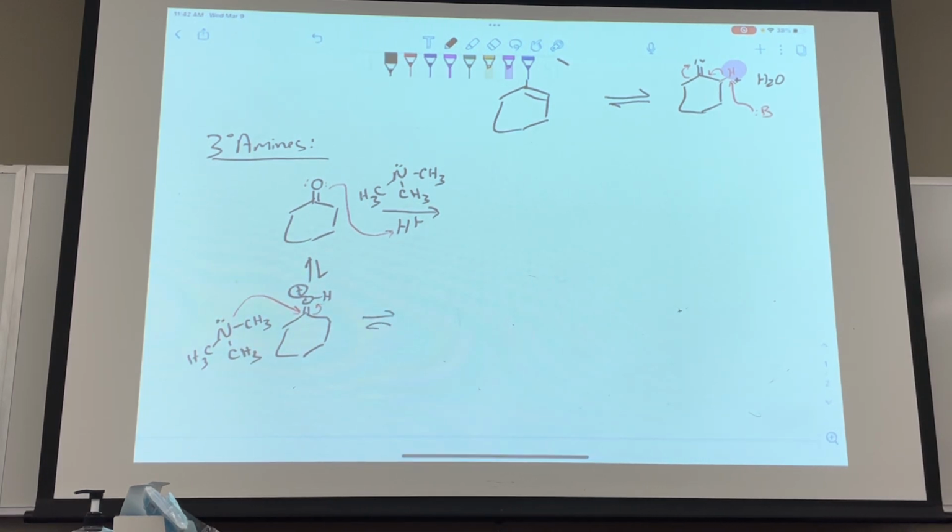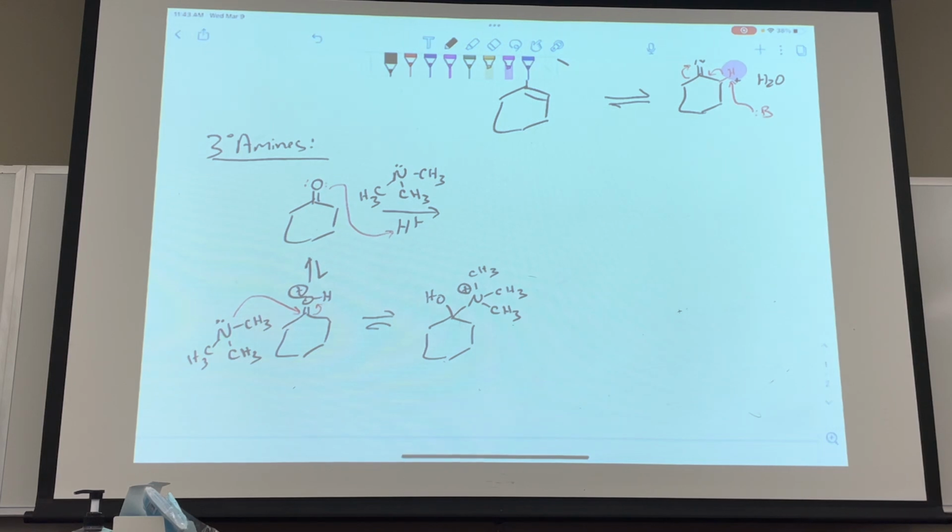And we get to that tetrahedral intermediate. And at this point, what we did in all the previous examples was we deprotonated to make that hemiaminal intermediate. But you may notice, with the tertiary amine, there is no proton to lose.